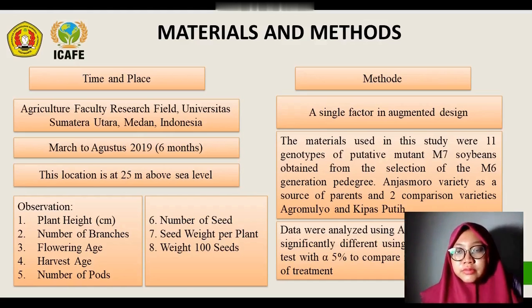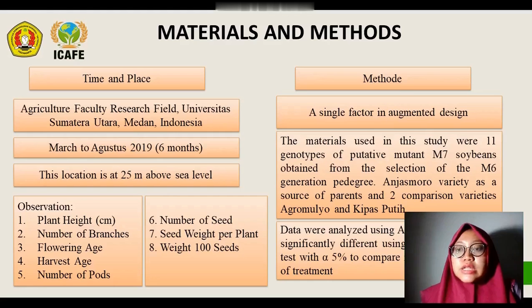Research method. Soybean seeds came from putative seeds of 7 mutant genotypes obtained from the selection of the M6 mutant generation. The yield test research used an augmented design. The treatment consists of 11 genotypes and 3 soybean varieties as comparison varieties or controls.